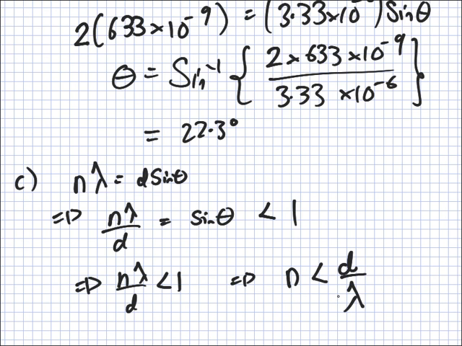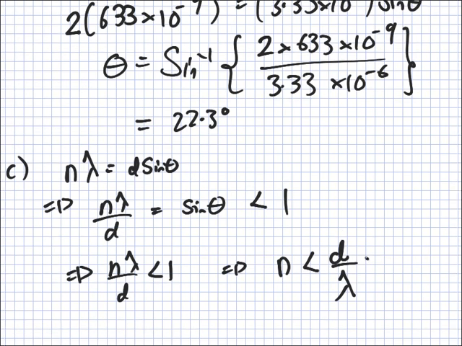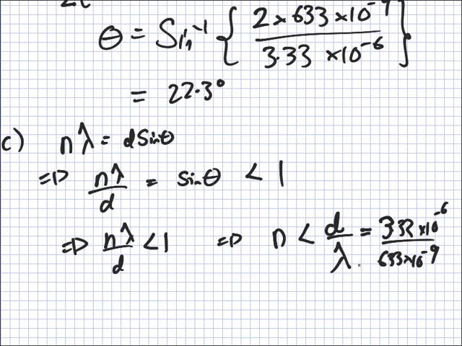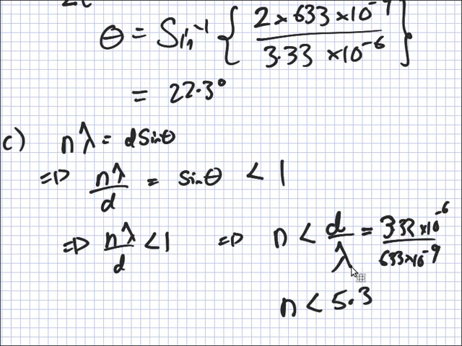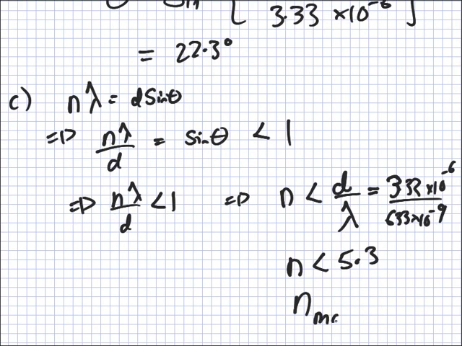And we need to figure out what the biggest that could be. D over lambda is 3.33 times 10 to the minus 6 over 633 times 10 to the minus 9. So what does this fraction work out as? 5.3. So the biggest order is what then? Is 5. We can have at most order 5.